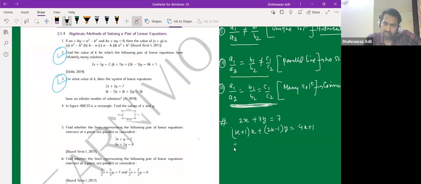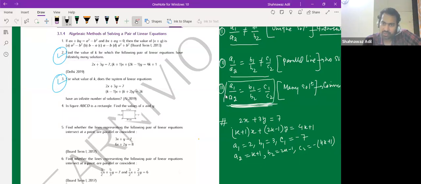So we have a1 which is 2, b1 is 3, and c1 is minus 7. Yes, Harshit has already got the answer. a2 is k plus 1, b2 is 2k minus 1, and c2 is minus of 4k plus 1. So for infinitely many solutions, this is the criteria.